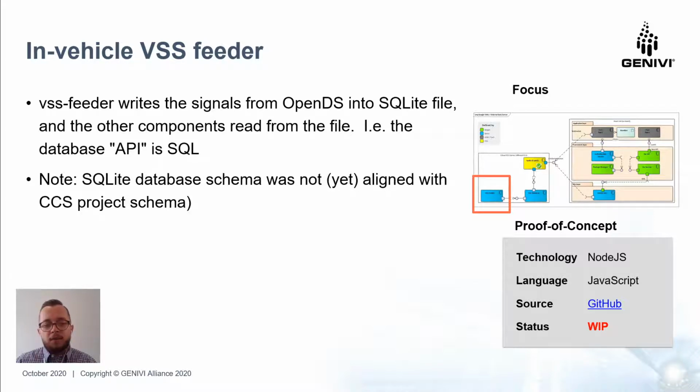The SQLite database, however, was not yet aligned with the CCS project, but there is a plan to do that alignment. Right now, it is a simple key-value store with the keys representing VSS leaves.